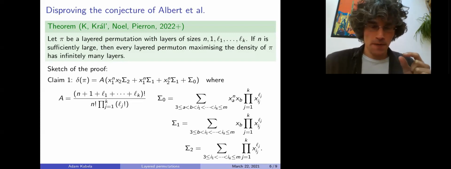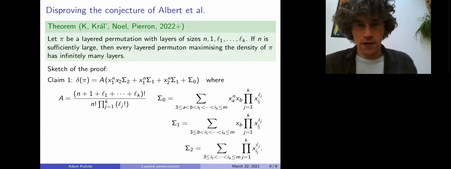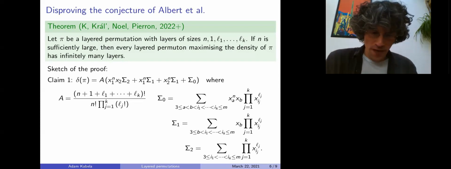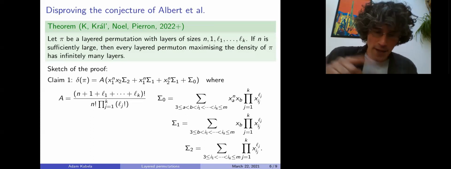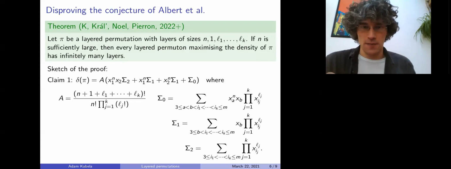So the x subscript 1 power to n means we think of sampling endpoints from the first layer of the maximizer. Right?